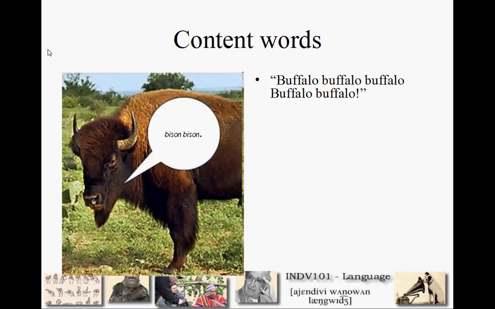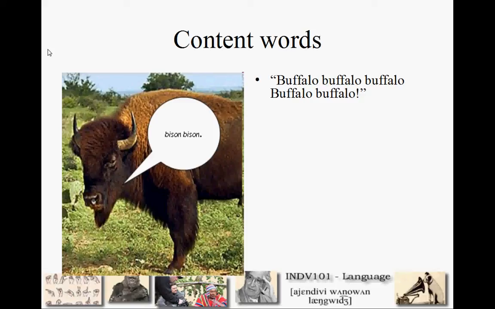So content words, this is a cute little example of a sentence composed only of content words. Buffalo, buffalo, buffalo, buffalo, buffalo. And you can see that when you don't have any of those function words in that sentence, you probably have no clue what I'm saying, and you think I'm just saying buffalo a bunch of times.